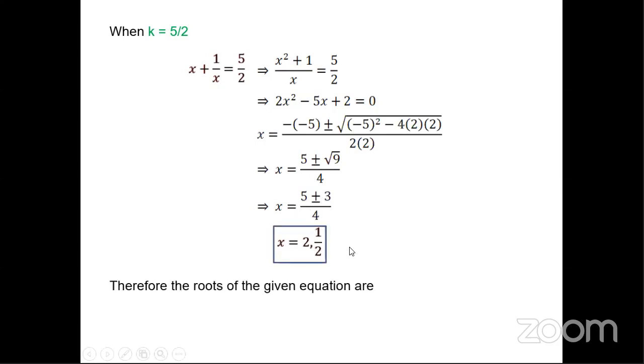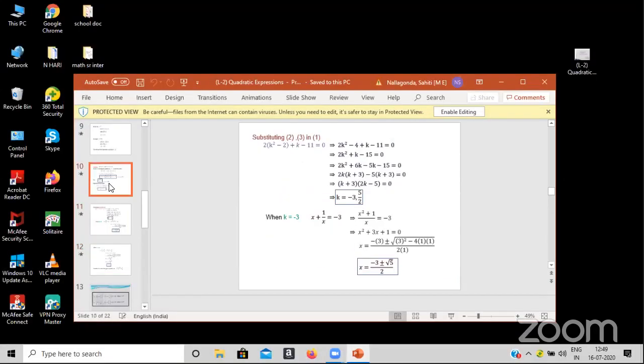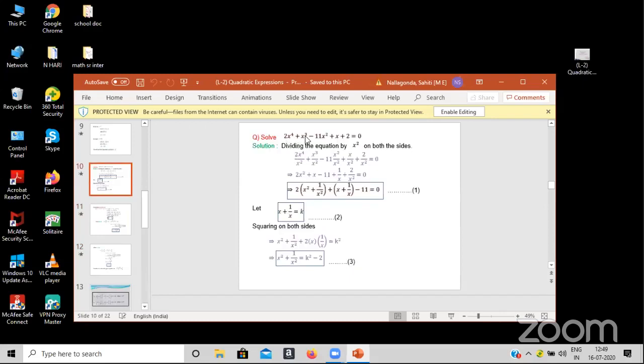Now, let us recollect our original equation, children. It is of degree 4. Hope you got it. When the power is 4, you can expect 4 roots, 4 values which satisfy the equation.